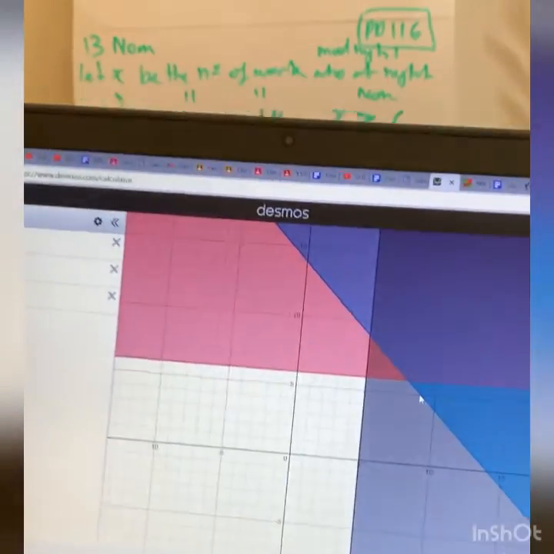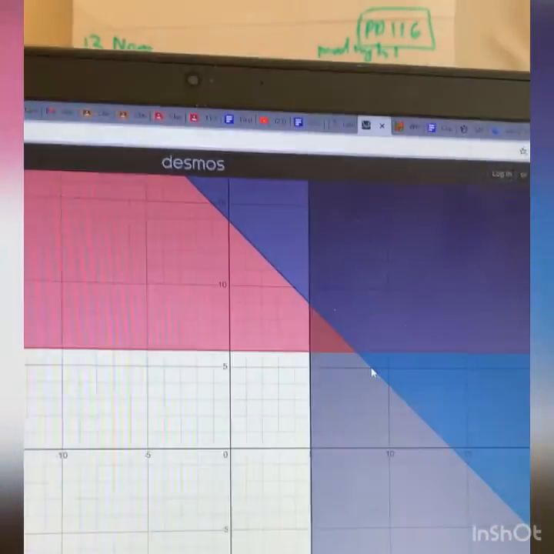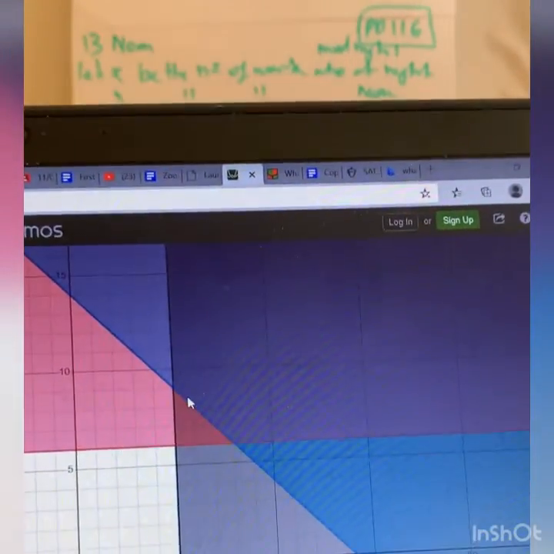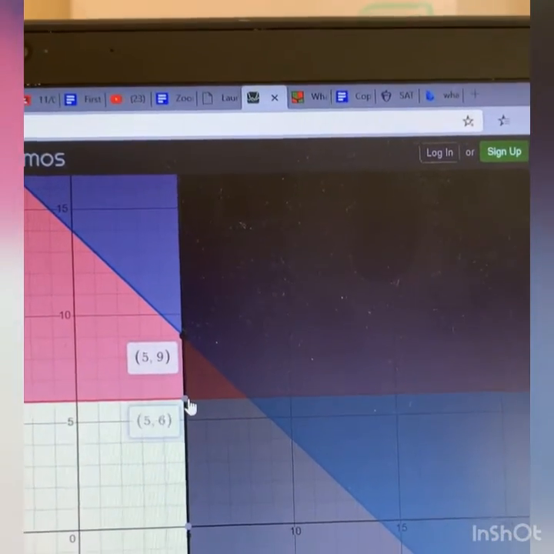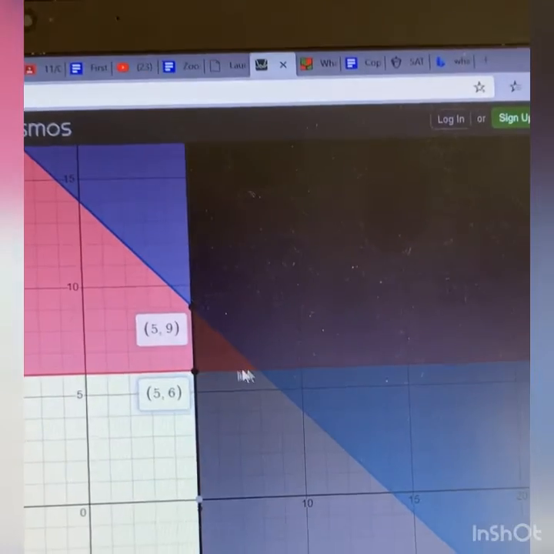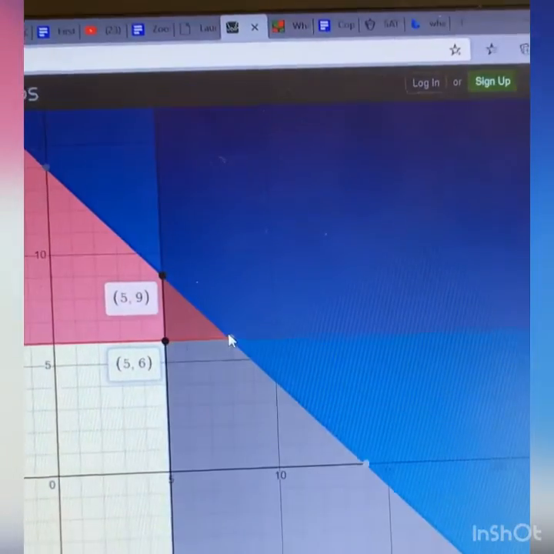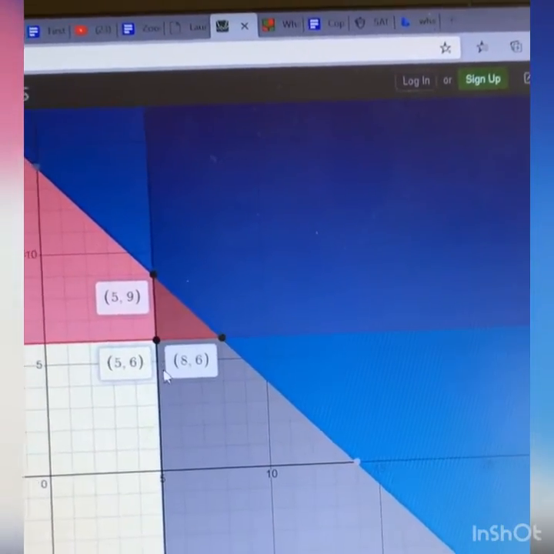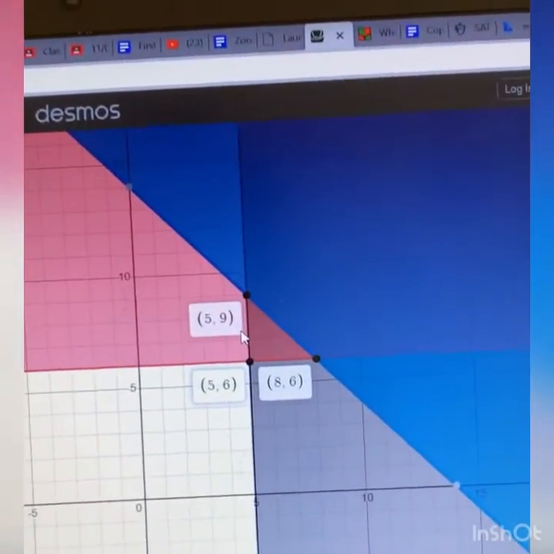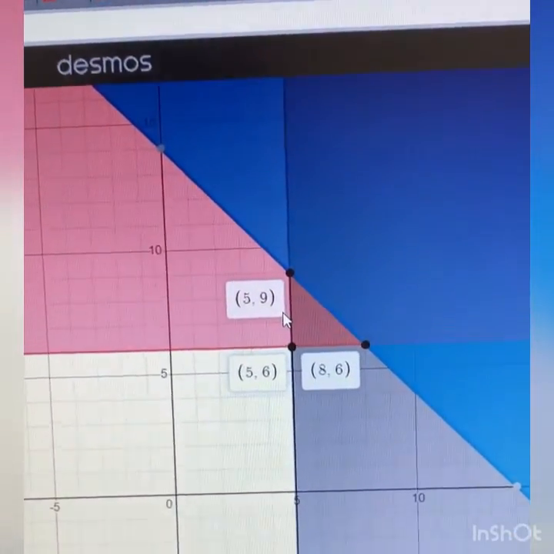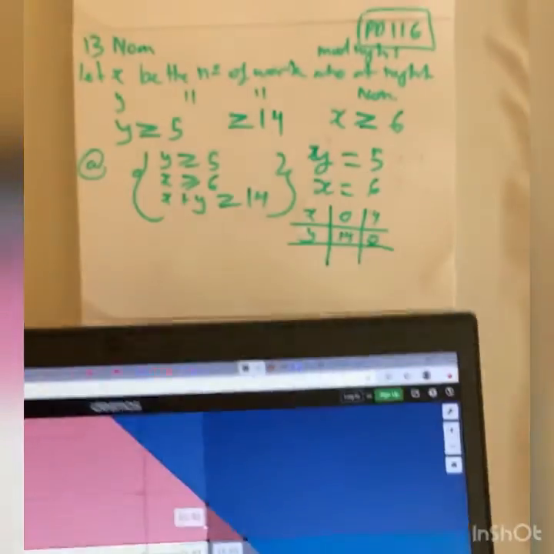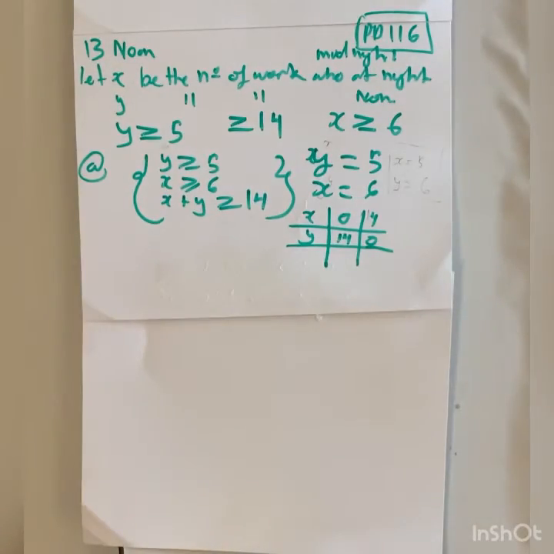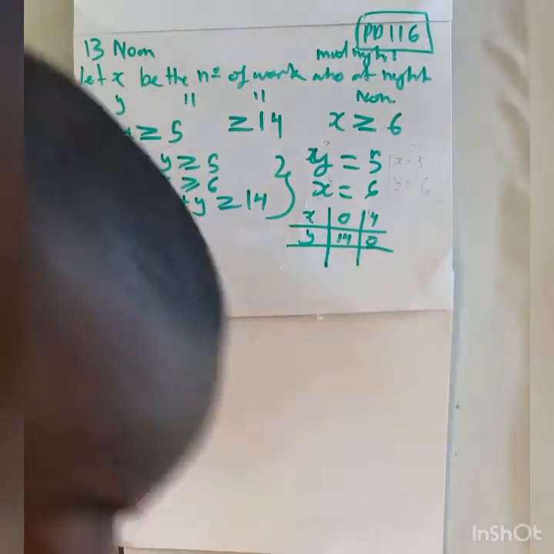The triangle which I'm looking for is this one, where all of them pass. So it means I'm good. My graph and this graph look the same. So I'm done with that question.